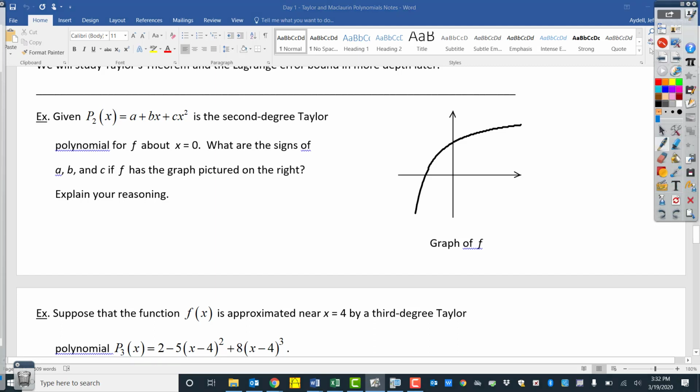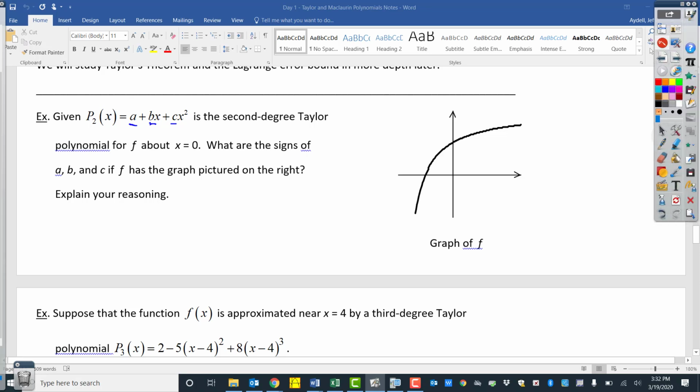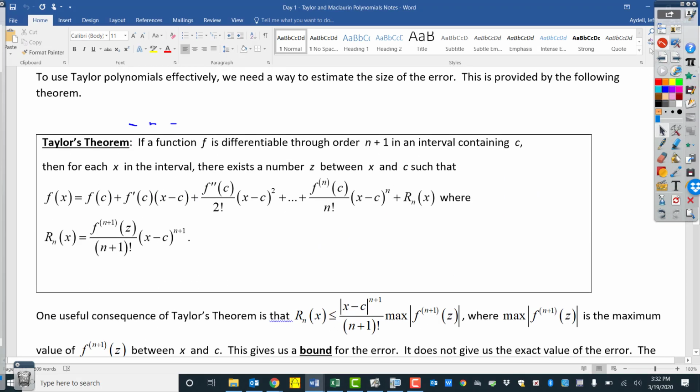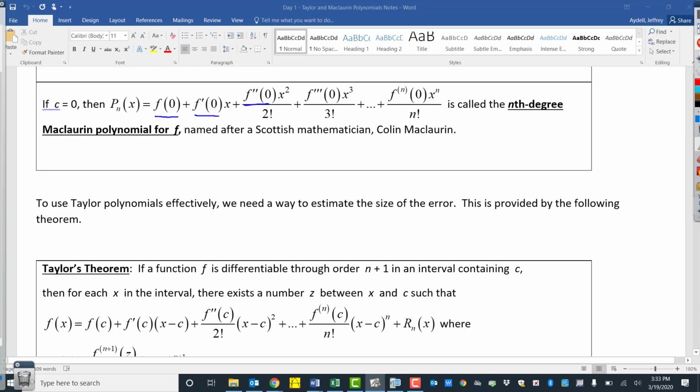If we look at this, we know that each of these numbers represents something important in the formula. If we look back up, since this is really a Maclaurin polynomial, these 3 numbers represent these 3 values of the derivative: 1, 2, 3.